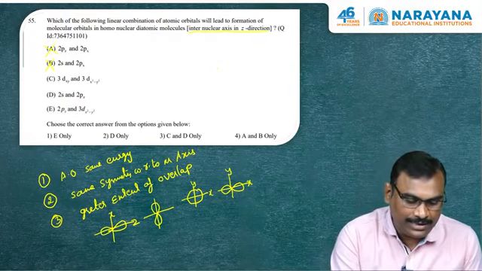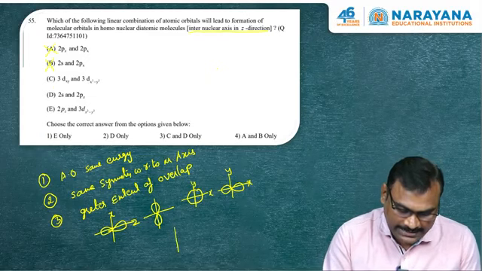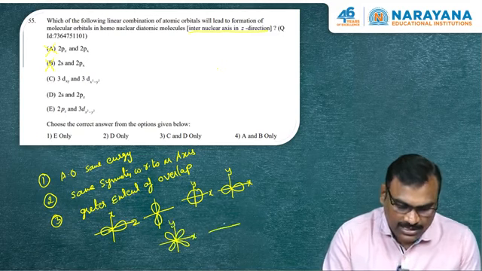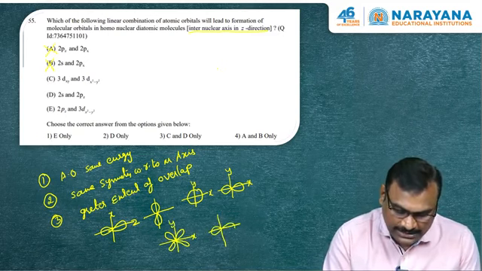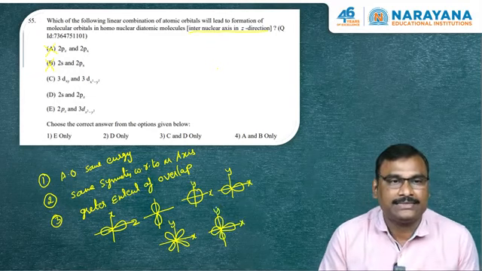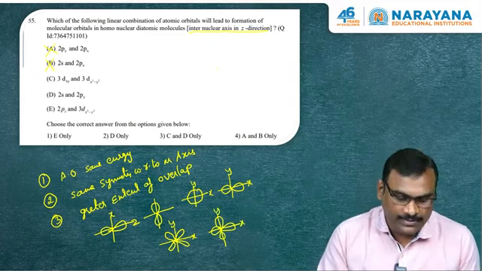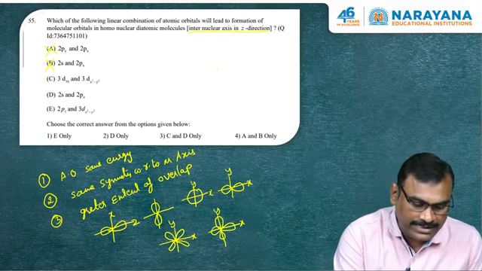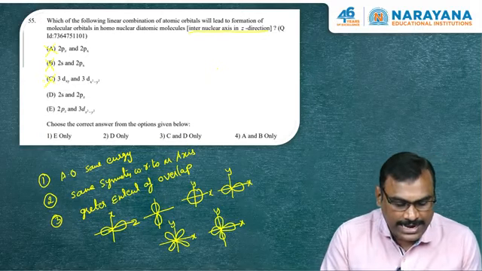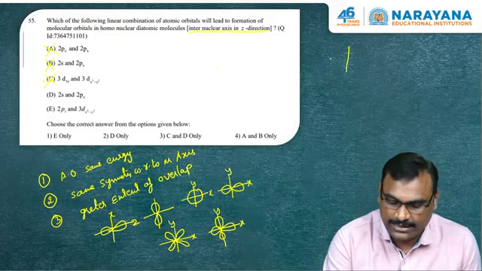And if you go for C also, 3dxy, here the lobes are present between the axes. If you go for the next one, 3dx²-y², the lobes are present on the axis, so it also is not favorable for combination. And 2s and 2pz, yes, it may have a chance.